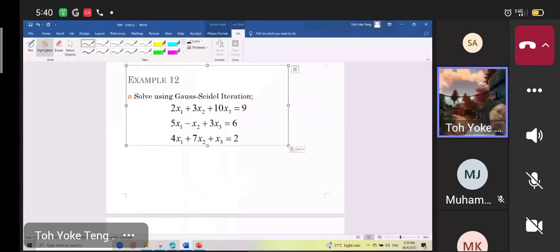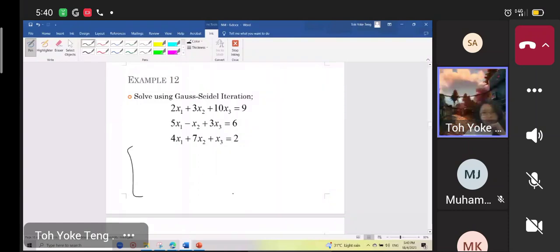Again, I prefer to write it in augmented matrix. So up to you. If you don't want to rearrange it, it doesn't matter. If you want to rearrange it, please make sure that you write it in augmented matrix. Please consider the right hand side here.